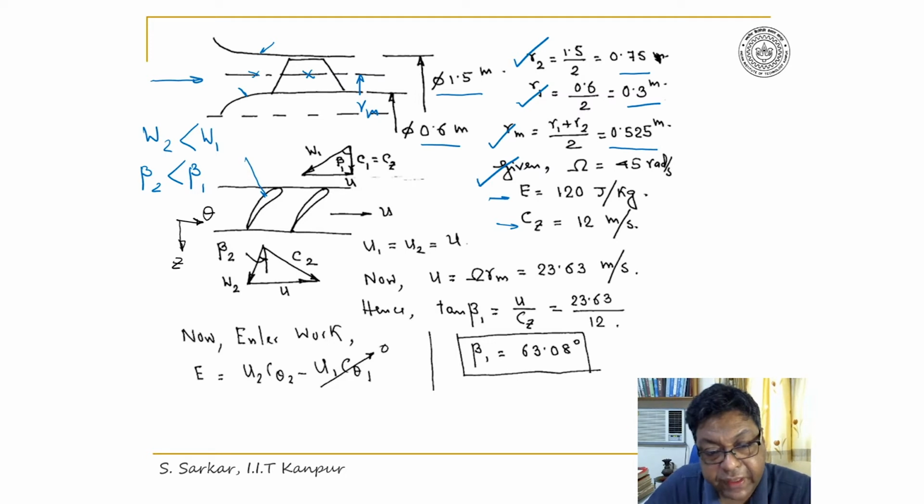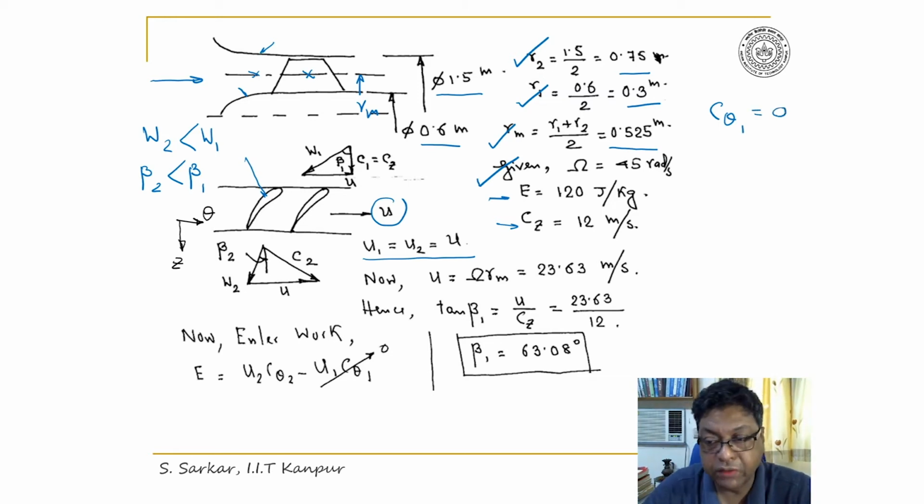Furthermore, I have indicated here the blade speed U, and I have considered U1 equal to U2 equal to U here. After this discussion, let me draw the velocity triangle at inlet and exit. Here, C theta 1, that is swirling component at inlet, is equal to 0.